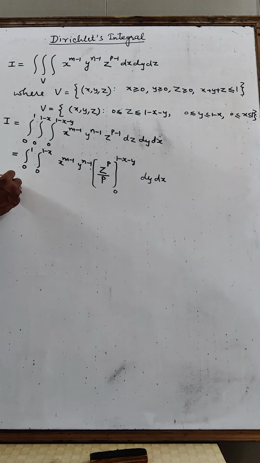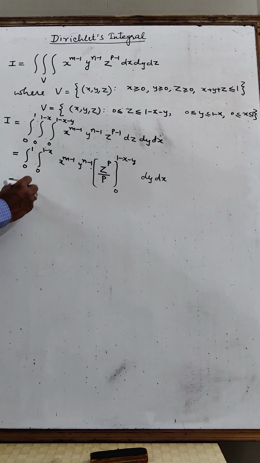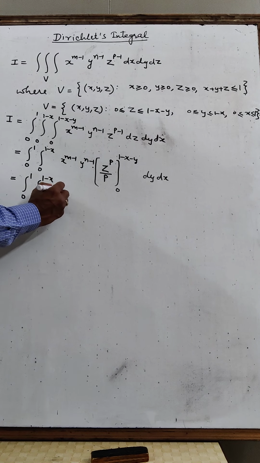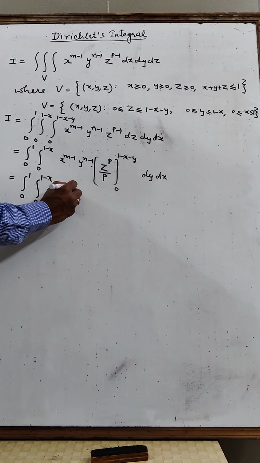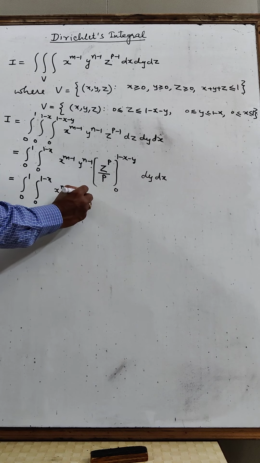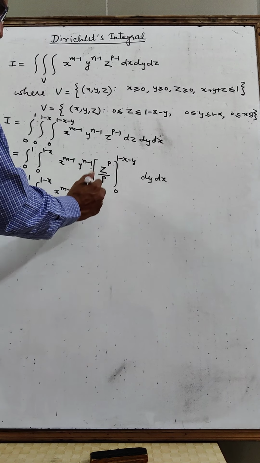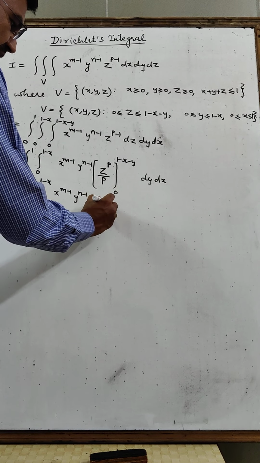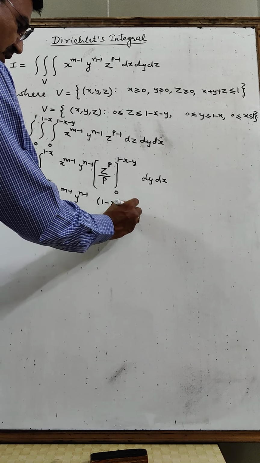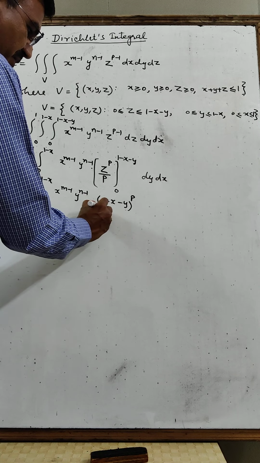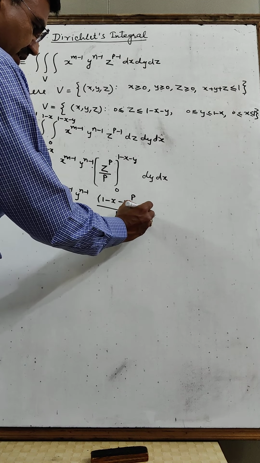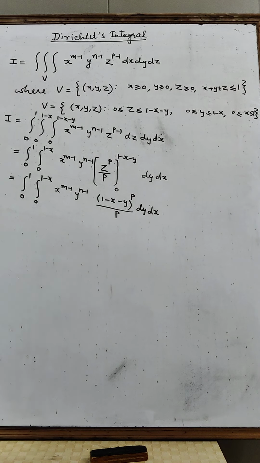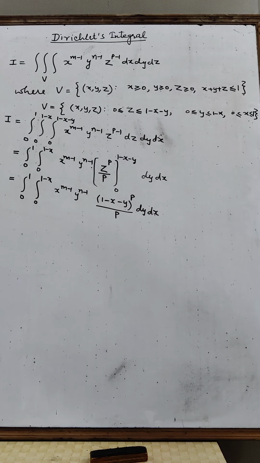Now it would be equal to the integral 0 to 1, 0 to 1 minus x, of x raised to the power m minus 1, y raised to the power n minus 1, and when we put in the limits, it becomes 1 minus x minus y raised to the power p over p dy. Now we have integrated with respect to z.